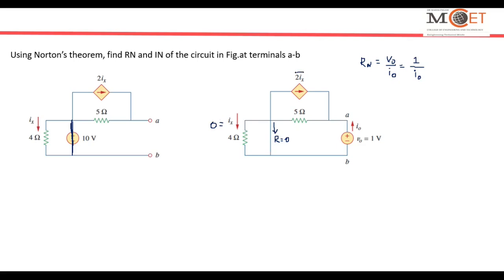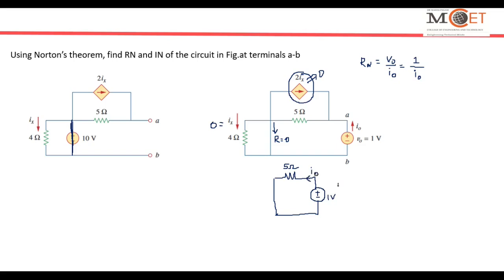If Ix is equal to 0, this also will become 0. So the equivalent circuit will become something like what I am trying to draw here: a 1 volt source and 5 ohms. Now how to calculate the current I naught?